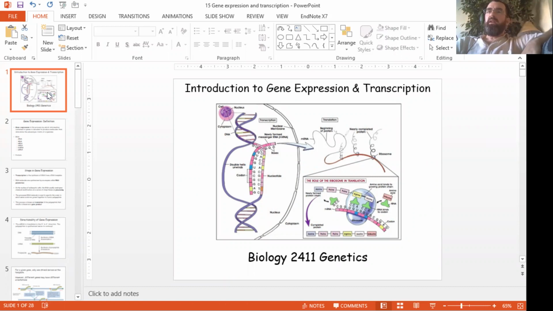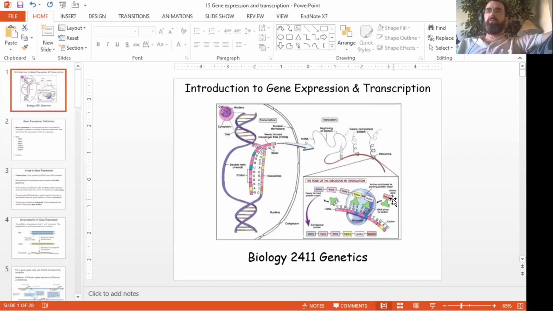So today we're beginning the topic of gene expression, and that will pretty much carry us to the end of this section, so to exam 3. Basically there's kind of 3 main steps in gene expression.